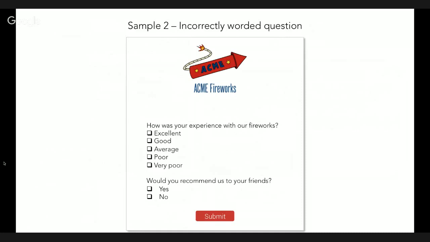Even if you have zero detractors, the number of passives actually changes the number of promoters, and that's where the NPS score changes. So if you remember, NPS is calculated as percentage promoters minus percentage detractors. That doesn't mean that passives are not counted. That only means that there are three metrics and you're subtracting two, so automatically the third bundle will have an impact on it. So a yes or a no answer to a recommend question is not right.